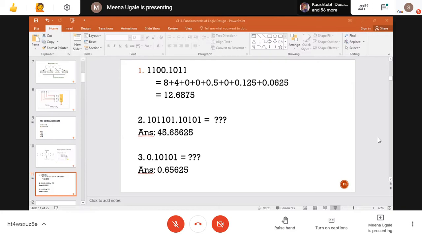Do it properly. Type your answer in the chat box.